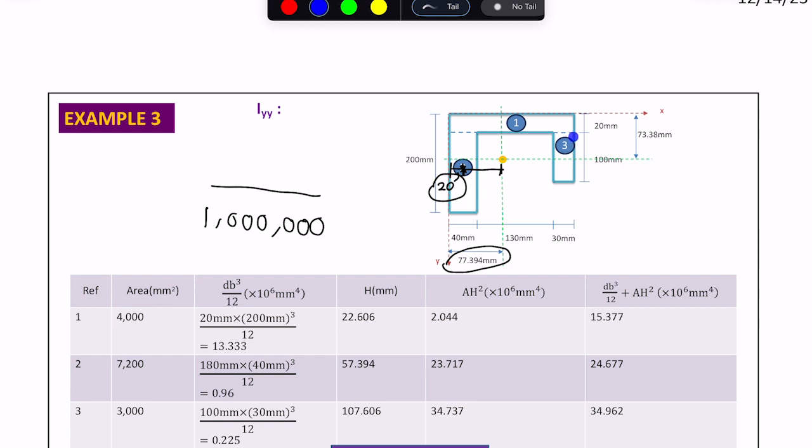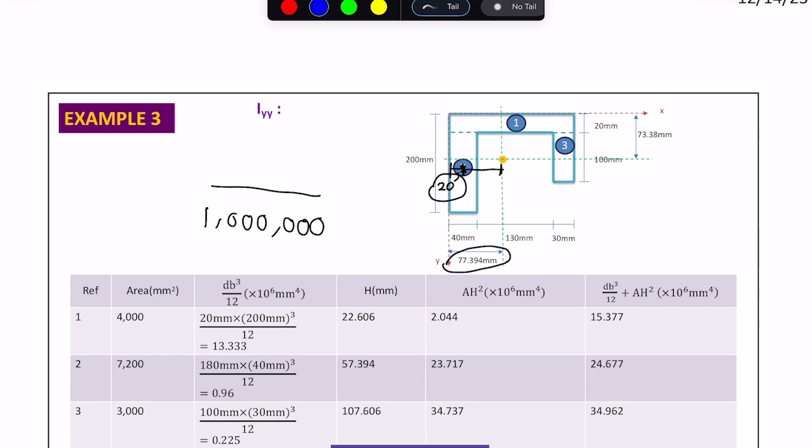Next, for section 3, the DB cube, D is 100 times B 30 power of 3 divide with 12 and divide with 1 million, you will get 0.225 times 10 power of 6.